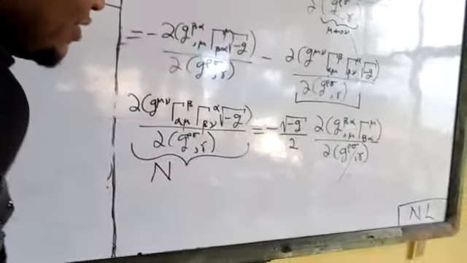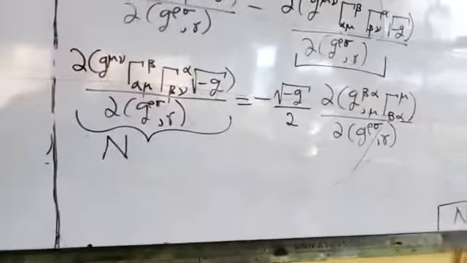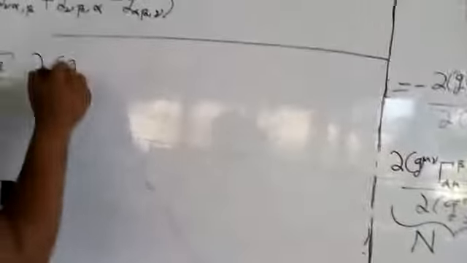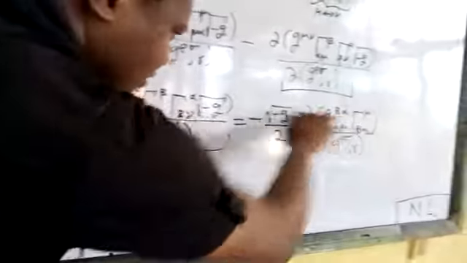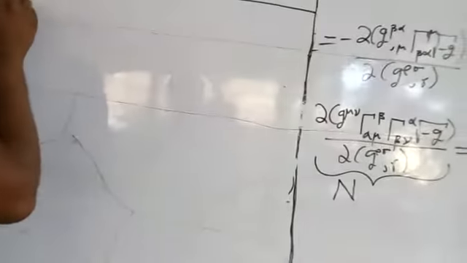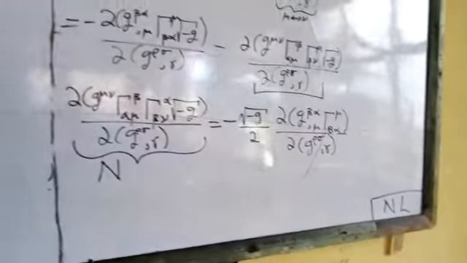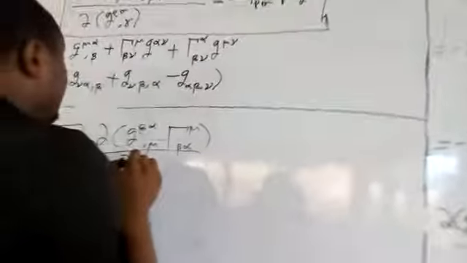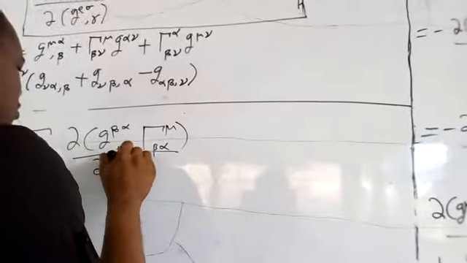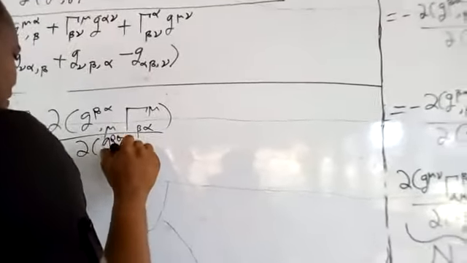And then I have that to differentiate, D of G to make sure that beta alpha, comma mu, and what I've got over there is gamma mu beta alpha. And now I'm differentiating this with respect to G rho sigma, comma gamma.